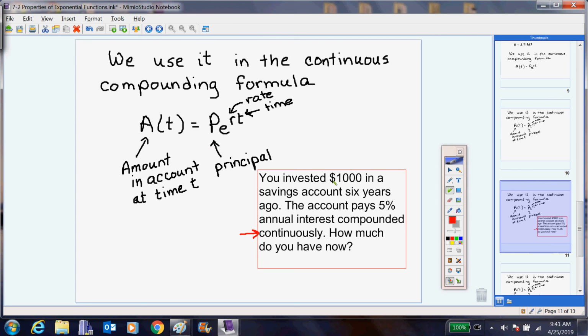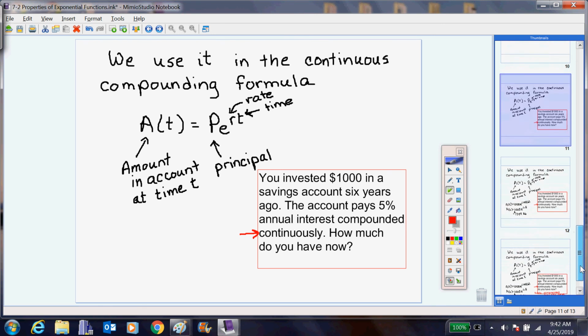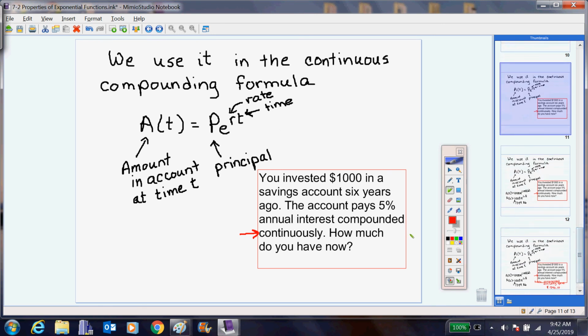Principal is $1,000. R is the rate, but we need to make that into a decimal. What is the rate as a decimal? Good. 0.05. Move the decimal over 2. And the time, how long is it invested for? 6 years. So what we do is we plug it into that formula.